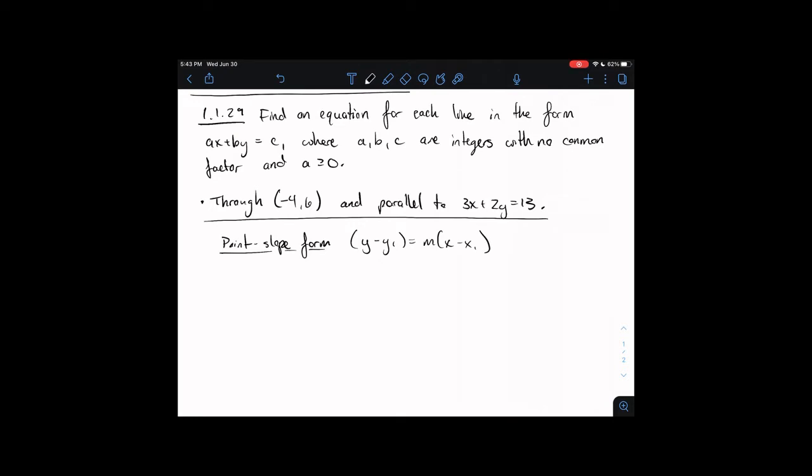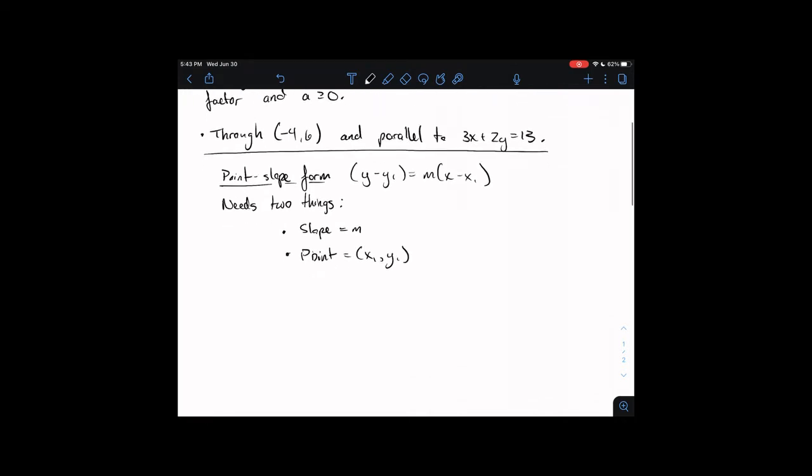And you need two things to be able to find this: you need a slope, m, and you need a point, which is our x1, y1.